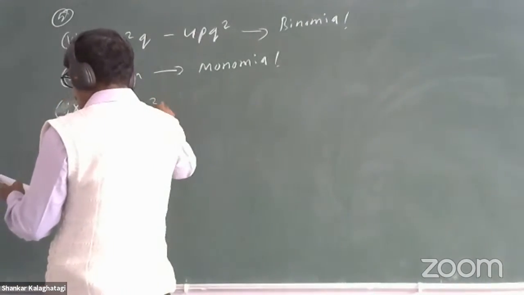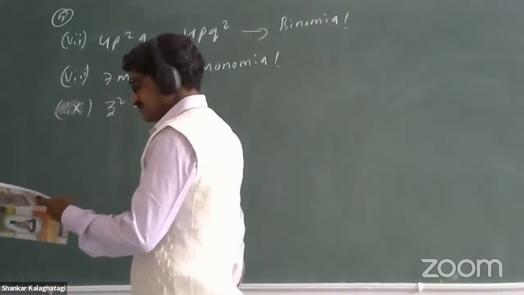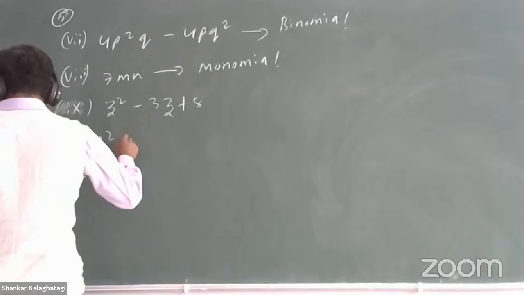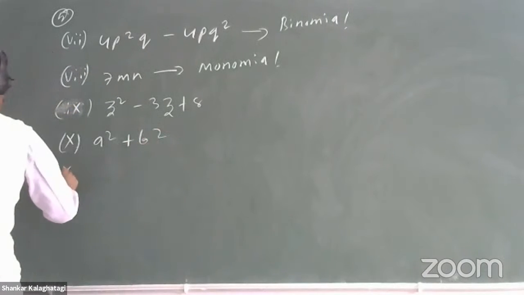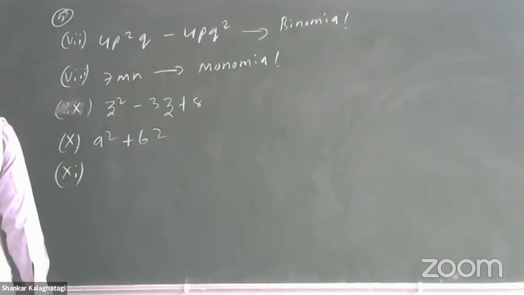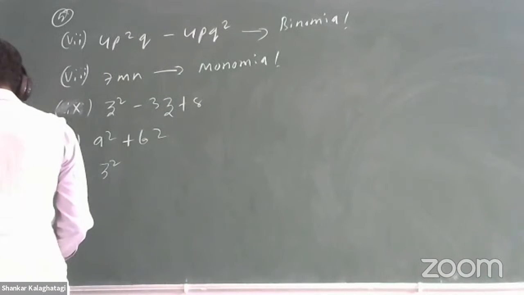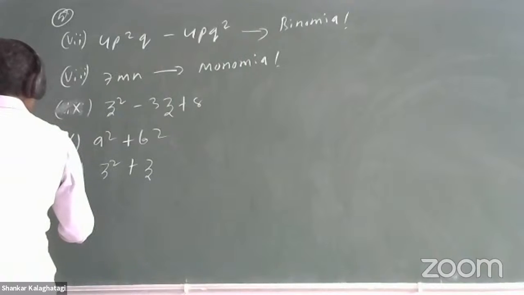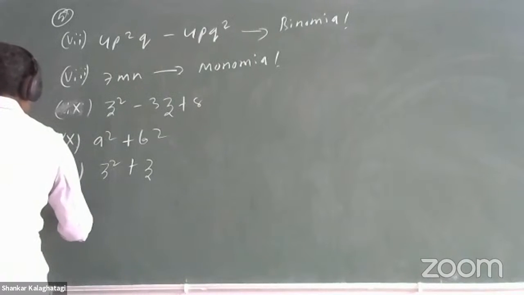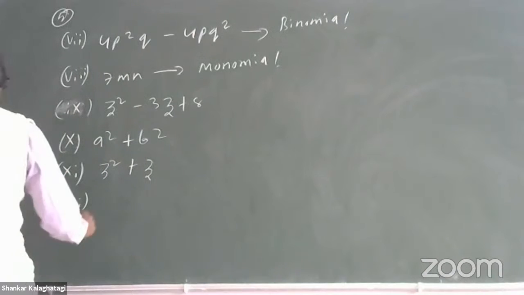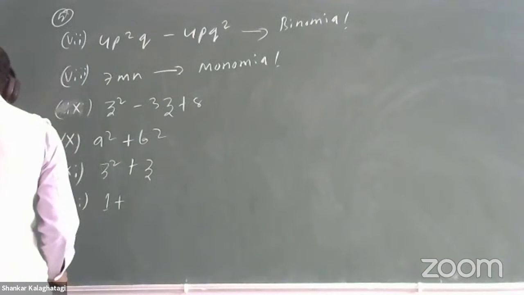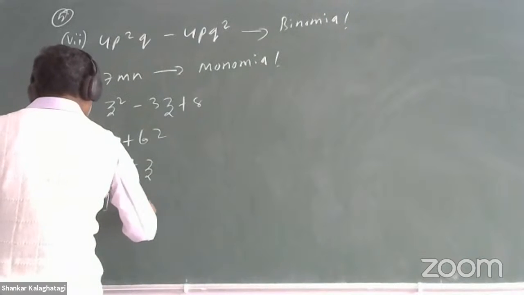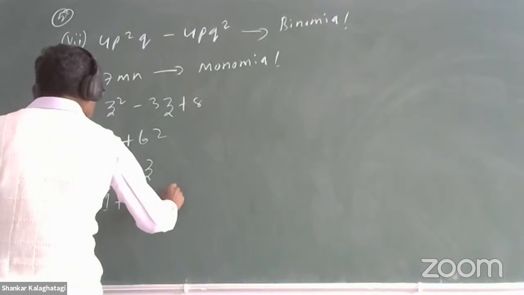Z square minus 3Z plus 8. 10: A square plus B square. 11: Z square plus Z. 1 plus X plus X square.